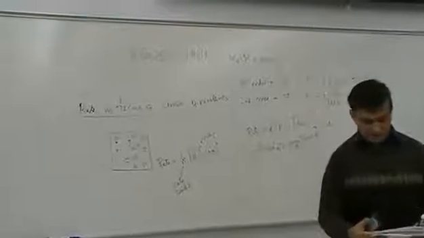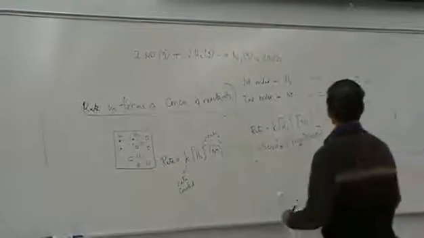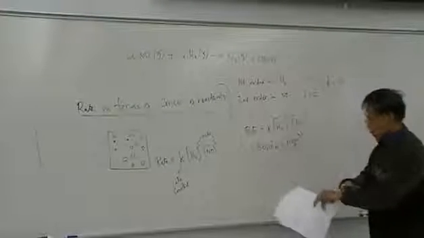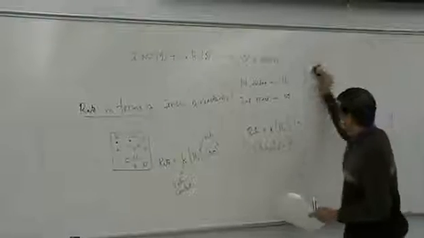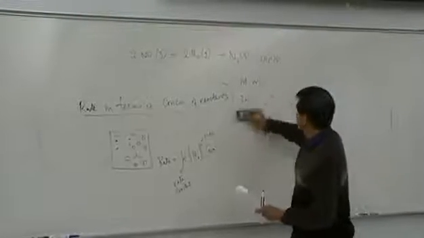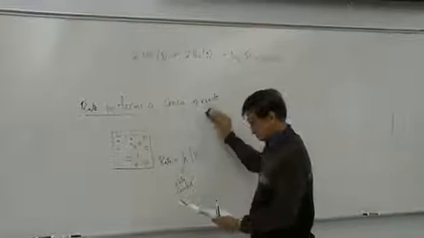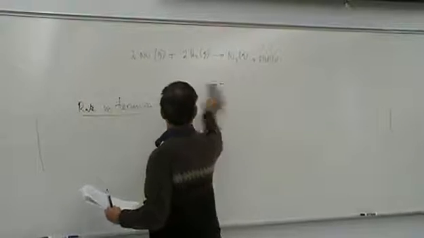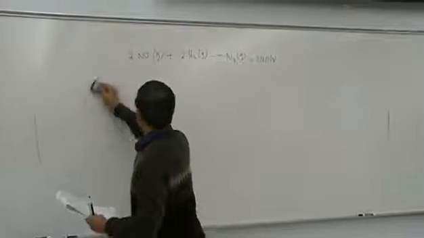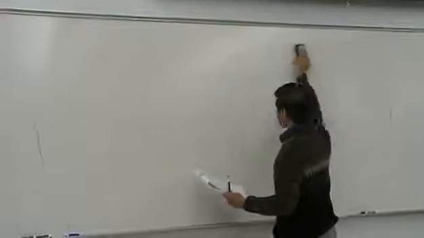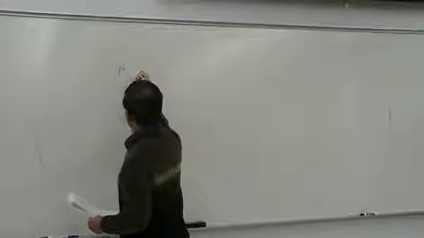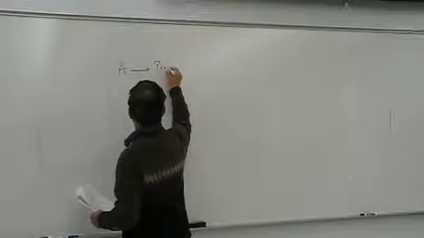Now I'm going to give you another example. So this is our example number 3. Let's assume that reactant is A, giving products.